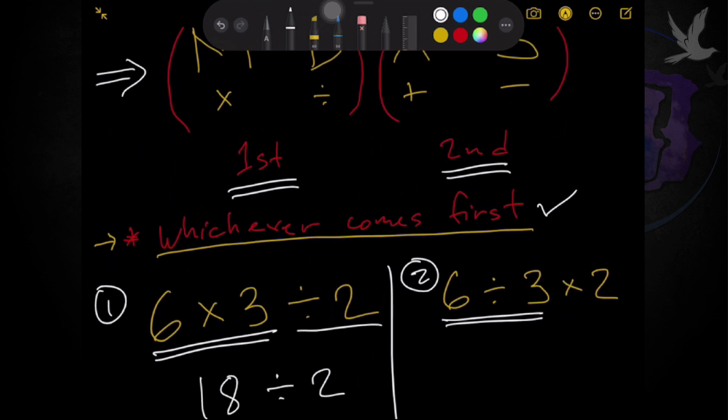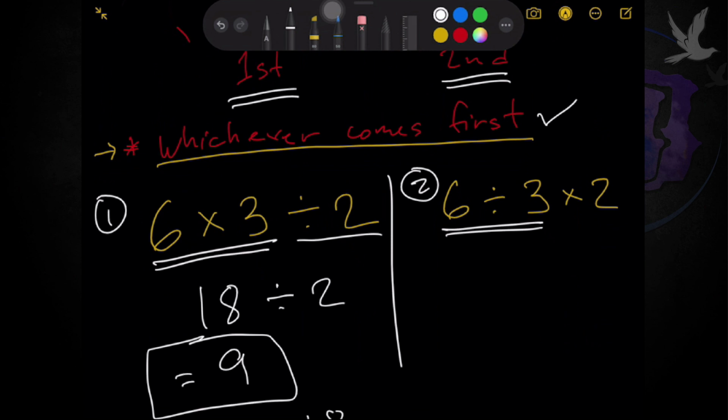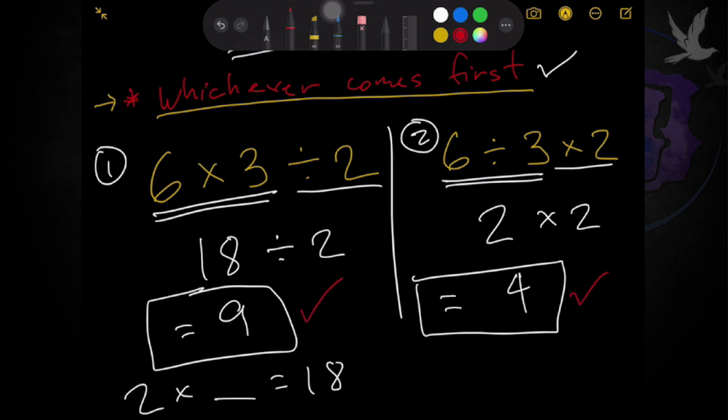You have to deal with whichever comes first. So 6 divided by 3 will give you 2, and rewriting times 2 will give you an answer of 4. So if you notice the difference in our answers, here 9, here 4. So interchanging the signs can basically change the answers.